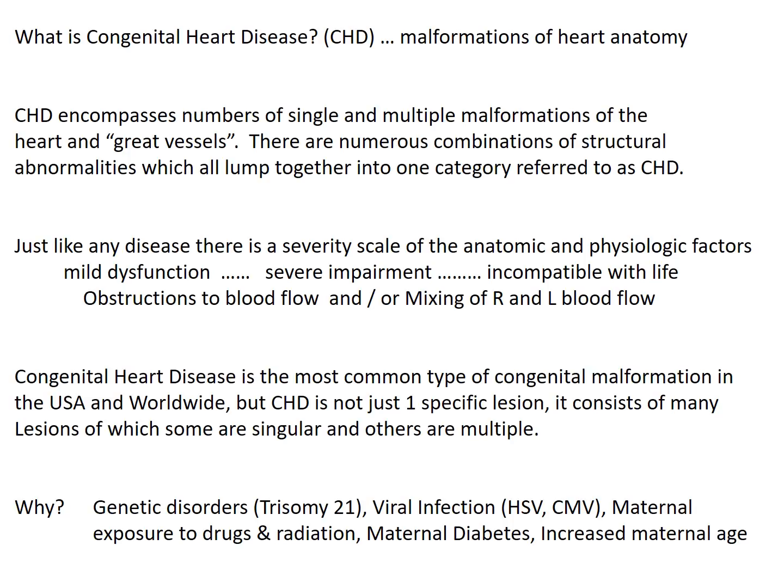We know that maternal diabetes mellitus increases the risk of CHD in the offspring, and we know that increasing maternal age can also increase risk, particularly age greater than 35. All right, so congenital heart disease, a lot of different things can be going on here.